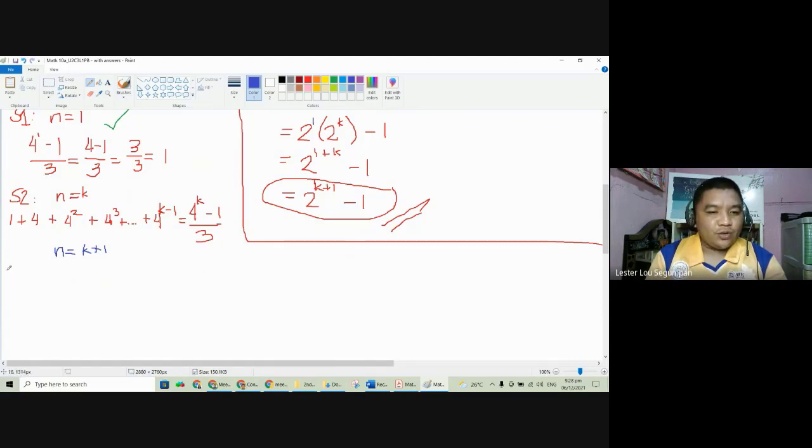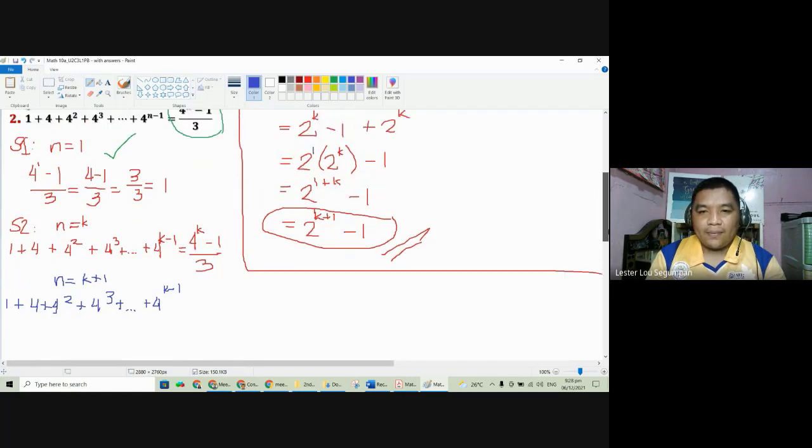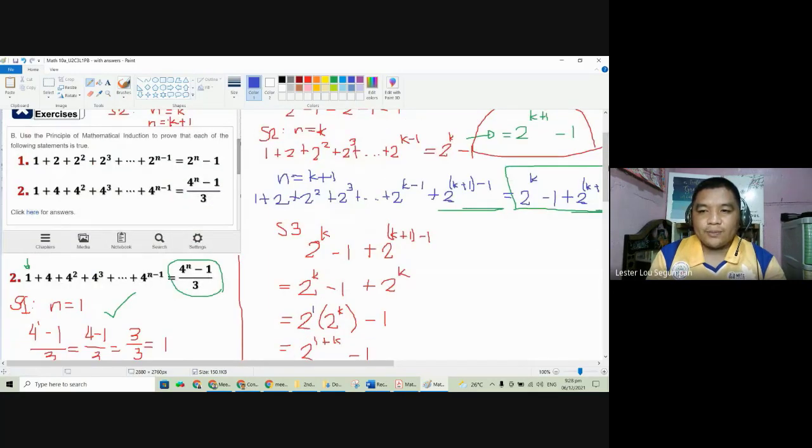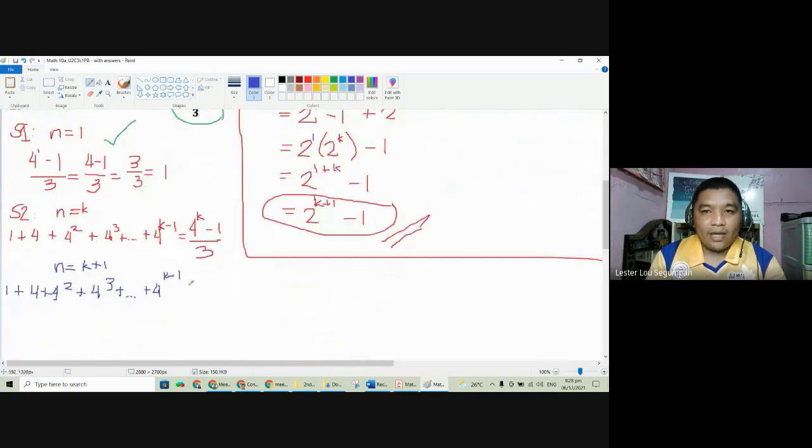So what we're going to show is 1 plus 4 squared plus 4 cubed plus dot dot dot plus 4 to the power of k minus 1. Just like what happened here, we are going to add another expression where k is now k plus 1. So we have this expression here, 4 to the power of k plus 1 minus 1.